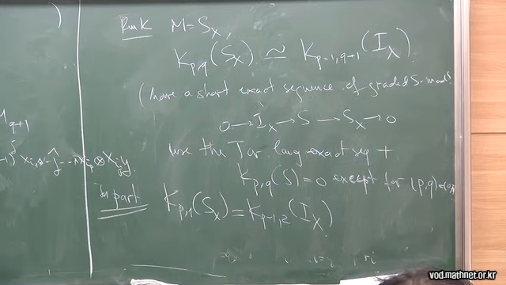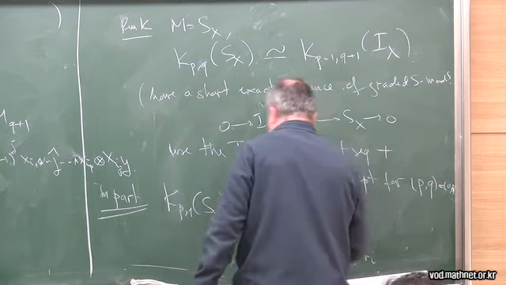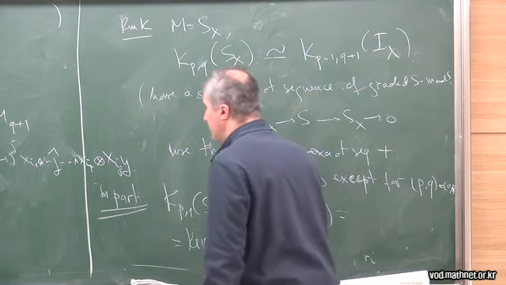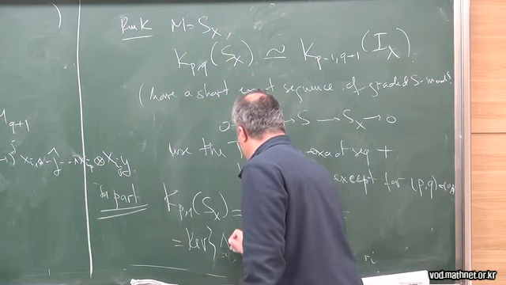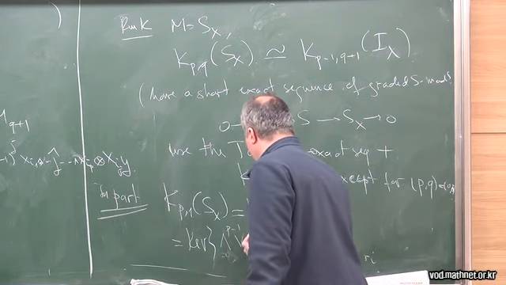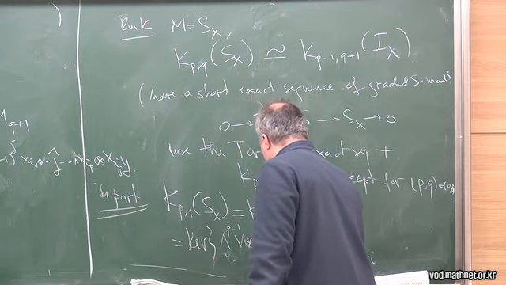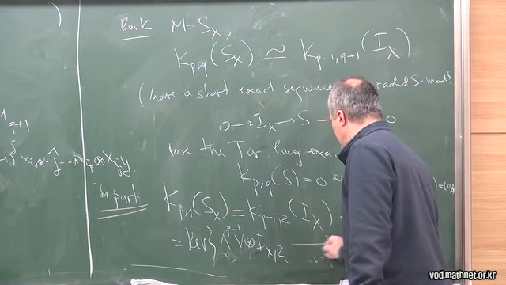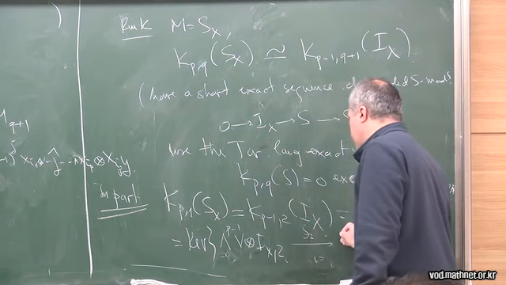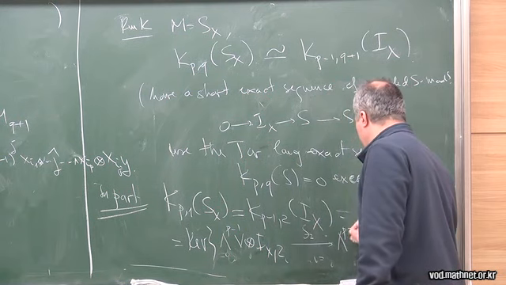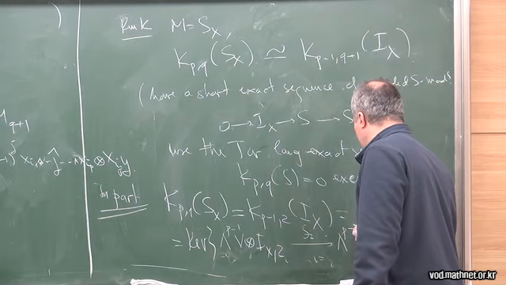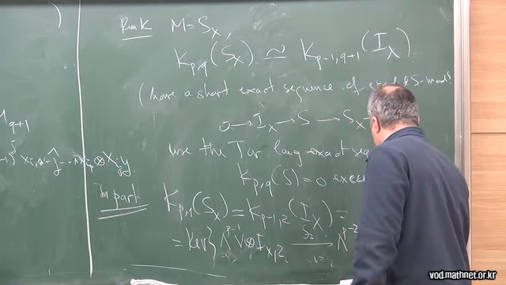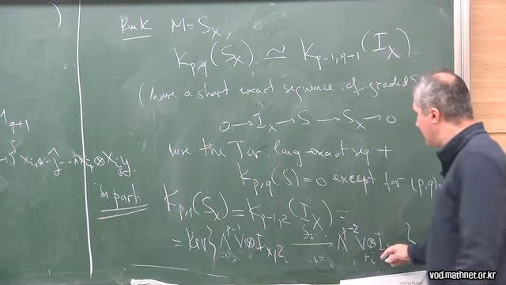So roughly speaking, this is just the kernel of the map delta 2 that goes from wedge p-1 V tensor I_{x,2}, the quadrics in the ideal, to wedge p-2 of V tensor I_{x,3}, the cubics.